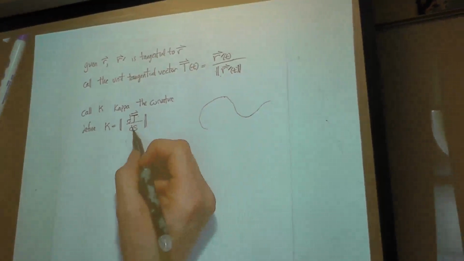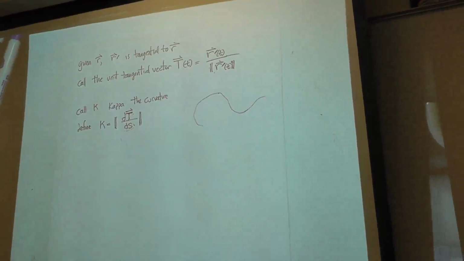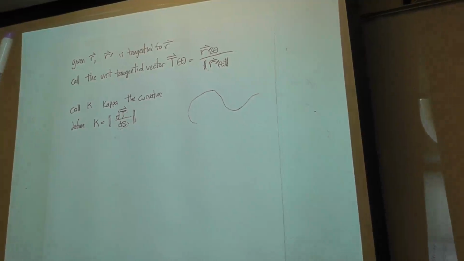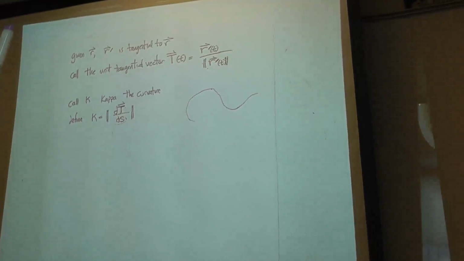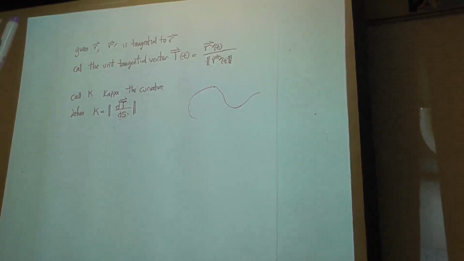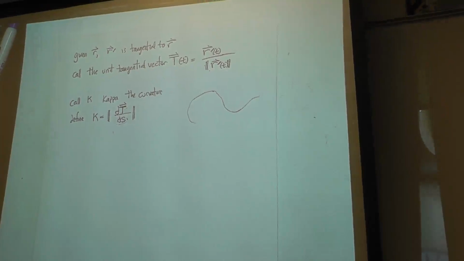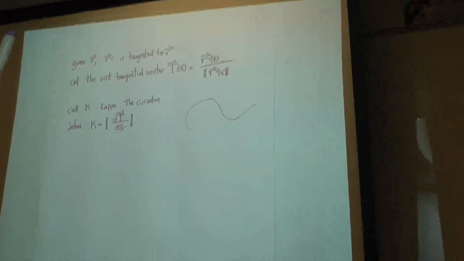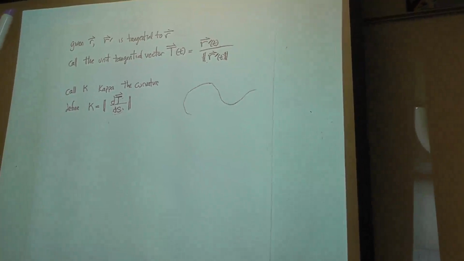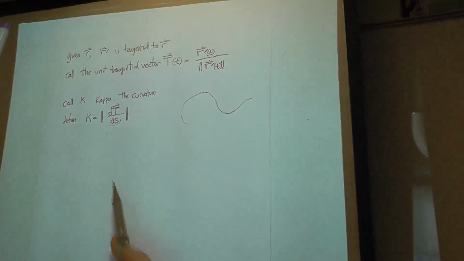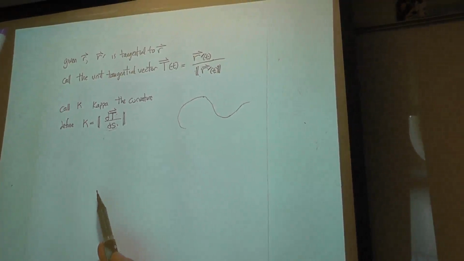So what this does is it gives exactly the same parameterization to every curve. And that will have the effect of getting rid of any measurement that in some way is affected by the parameterization.